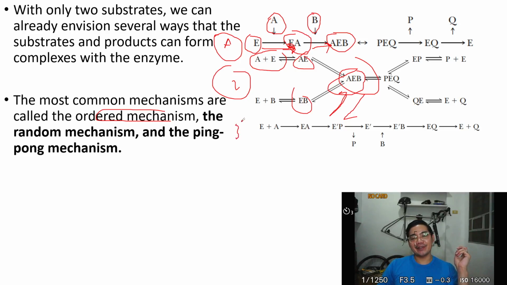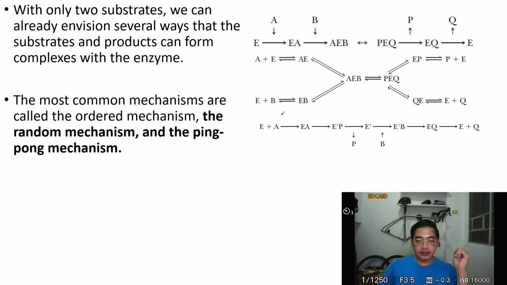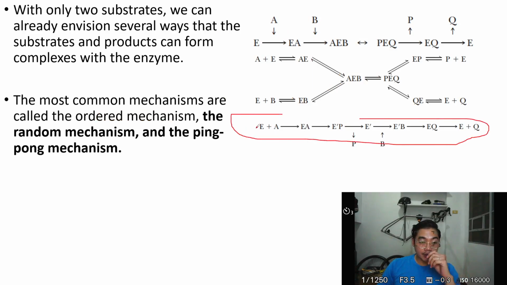And then your third, we have your ping pong. So what is this ping pong? So this is your ping pong mechanism. Ping pong simply means your enzyme E plus A will lead to EA and will lead to a modification of E. That's why there is an asterisk on top.